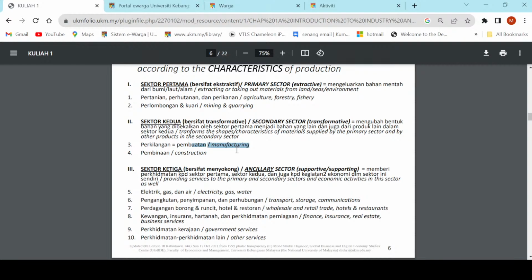Mining of this type of stone, limestone, which can be used to make cement. These limestones are brought to the factory, and the process is also quarrying, to make cement. So buy other products in the secondary sector as well.